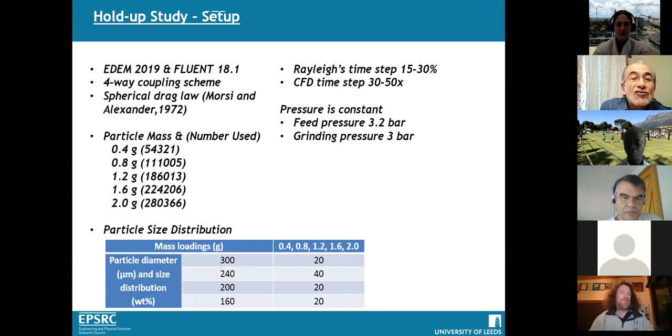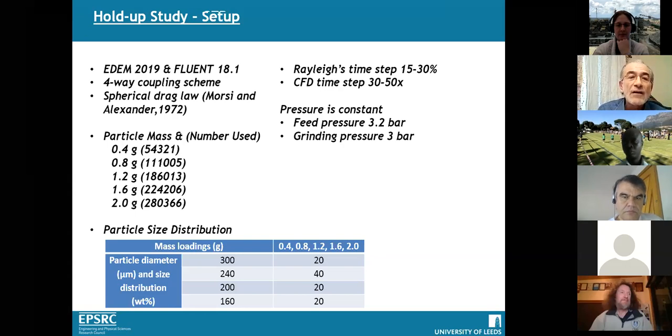So we have a transformation from dense phase to lean phase, and also the particles have a certain momentum. So in a way, the four-way coupling is essential. And there are still a lot of papers coming out in the literature doing two-way or one-way coupling, analyzing spiral jet mills, which in a way, the conclusions are inadequate.